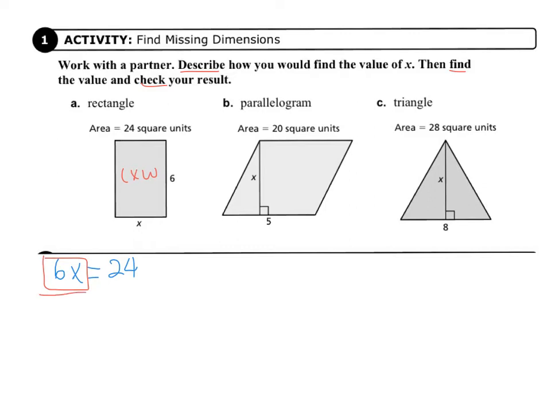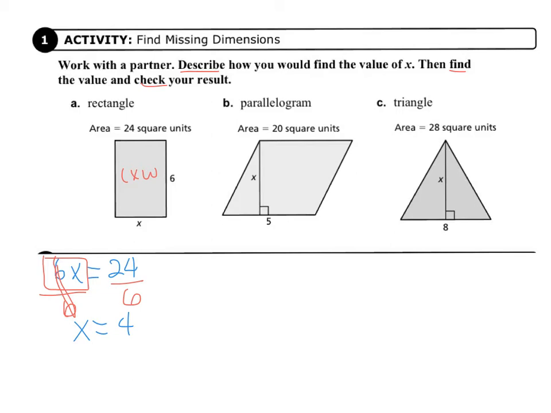When we do that, we know that 6 over 6 equals 1, so we just have one x left, which just looks like x. And then 24 divided by 6 equals 4. So x equals 4.